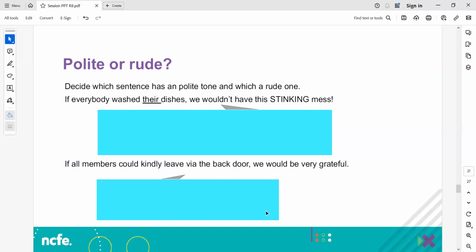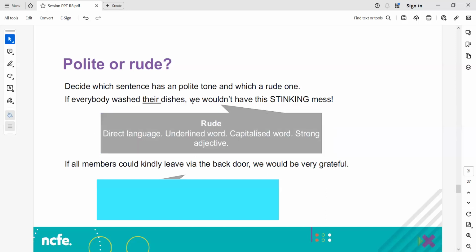The first one is rude. Yes, the first one's rude. The direct language, the underlined word, their dishes. So using that pronoun to stress. The stinking mess, the capitalized word.